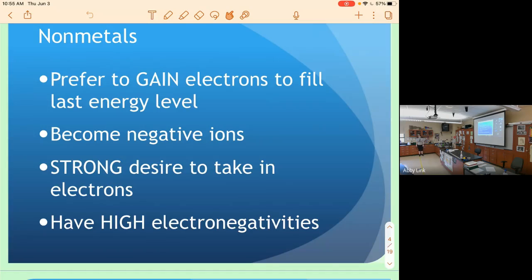When they gain electrons, you know this already, they form ions that have a negative charge, okay? We also know those as anions. All right, strong desire to take in electrons, so that correlates to having a high value of electronegativity, okay? Fluorine being the highest electronegativity value on our periodic table.